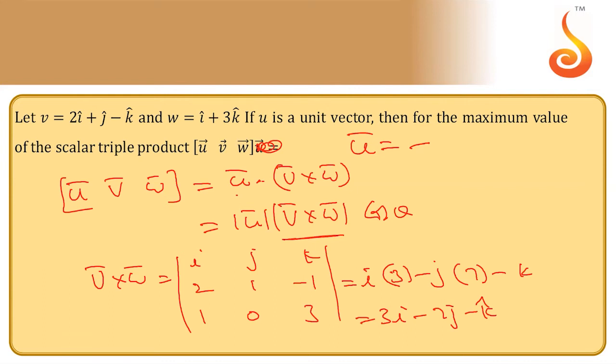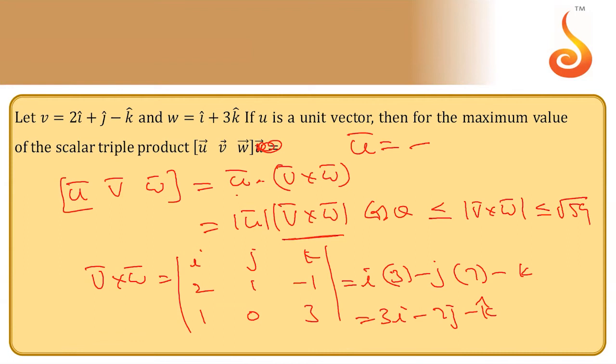So now this value is less than or equal to, since modulus U is a unit vector, modulus of V cross W, less than or equal to root 59. I think the maximum value is root 59. Yes, root 59 is the maximum value.